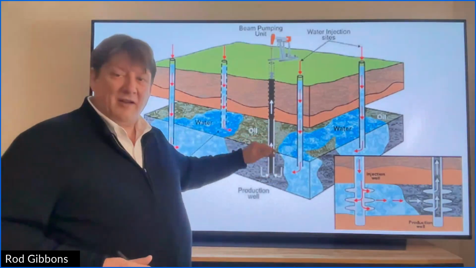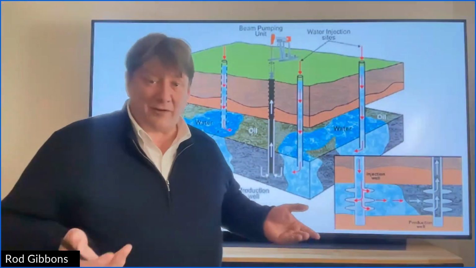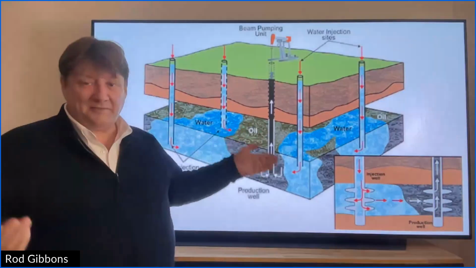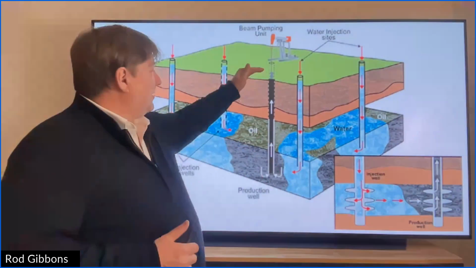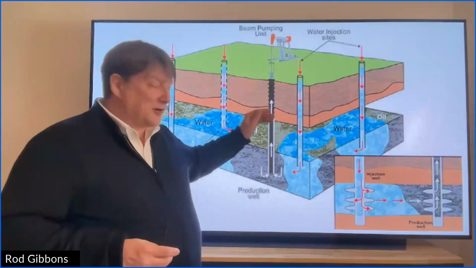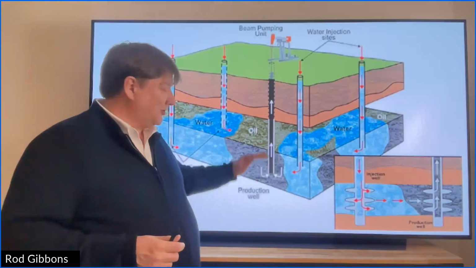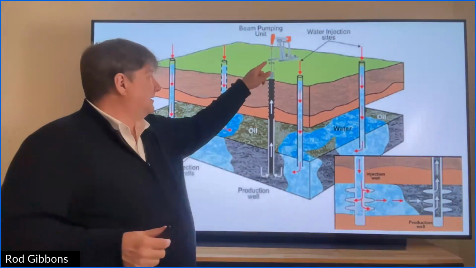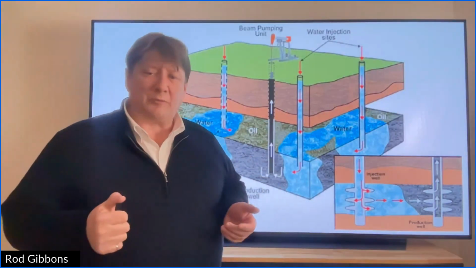You can have oil wells at 500 meters or 500 feet, and you can have them down to over 3,000 meters or 10,000 feet. But we're always concerned with this up and down issue, getting the oil from the bottom of the well to the top of the well. And that's the vertical lift profile.